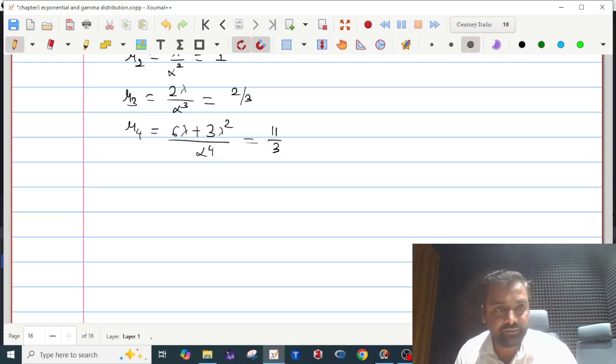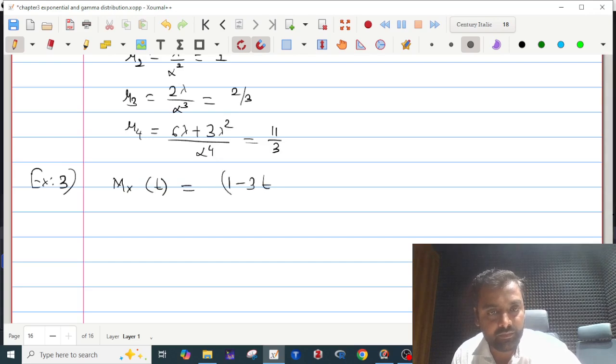Next example. Suppose the MGF is given to you, Mx of t equals 1 minus 3t raised to minus 12, for t less than 1 by 3.